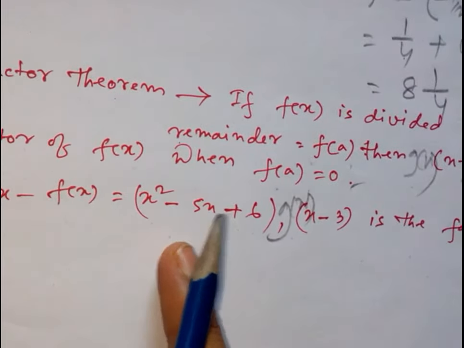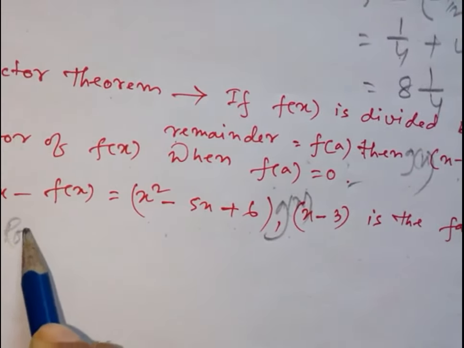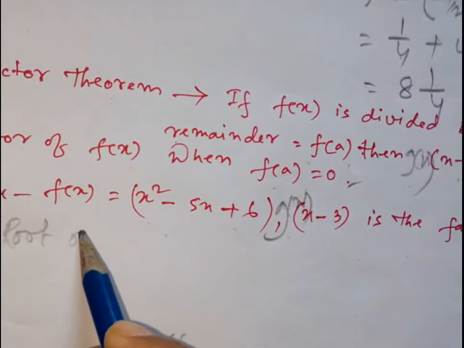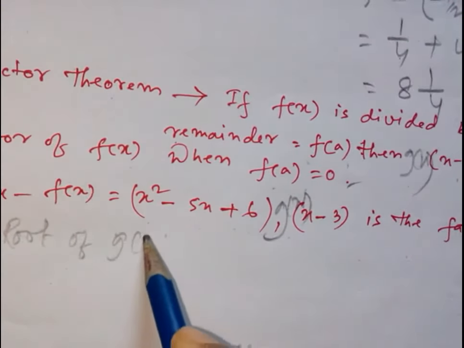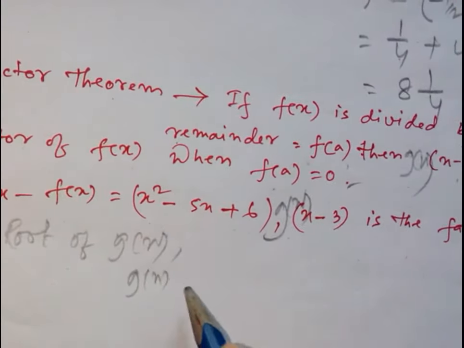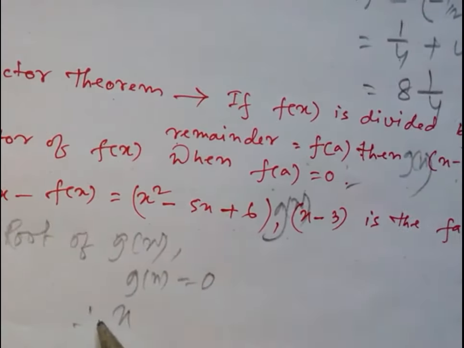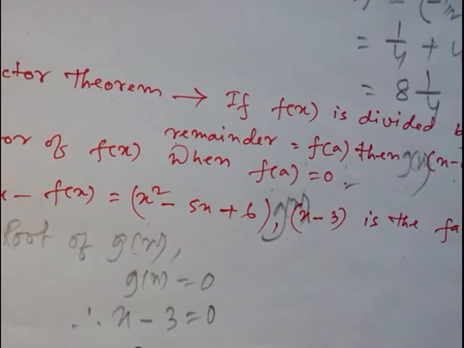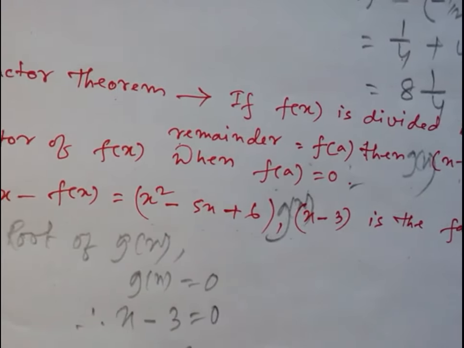So similarly, at first, the root of g of x means g of x is equal to 0, that means x minus 3 is equal to 0, or x is equal to 3.